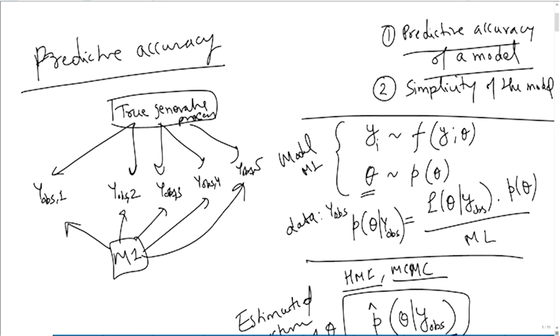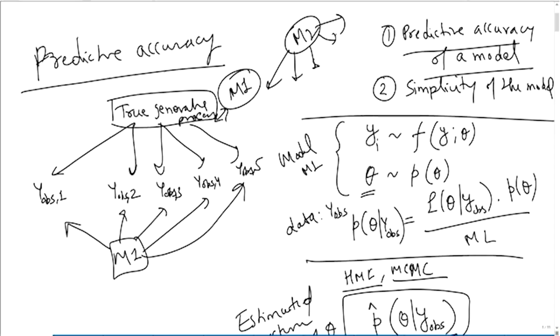Okay, if the assumptions you have made or the model that you have specified, let's say M1, is close to the true generative process, then it should be able to predict all these outcomes in all these experiments, right?